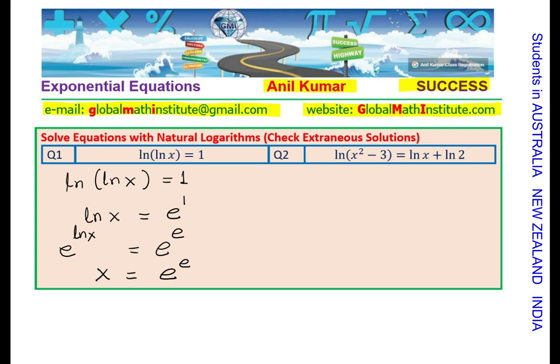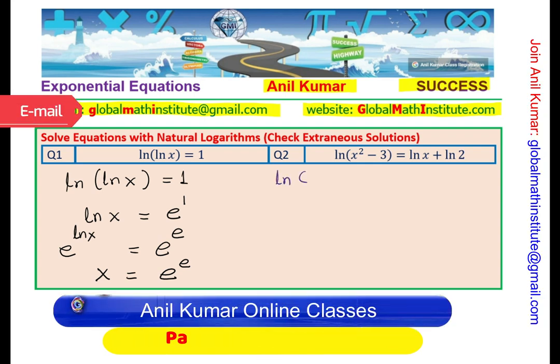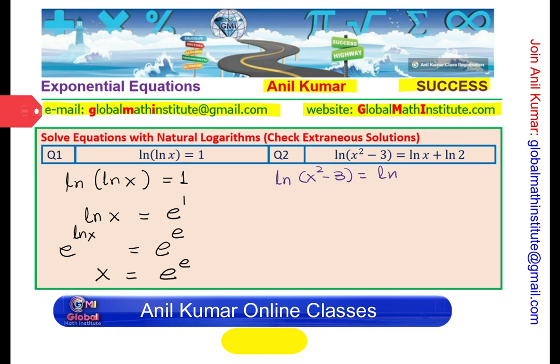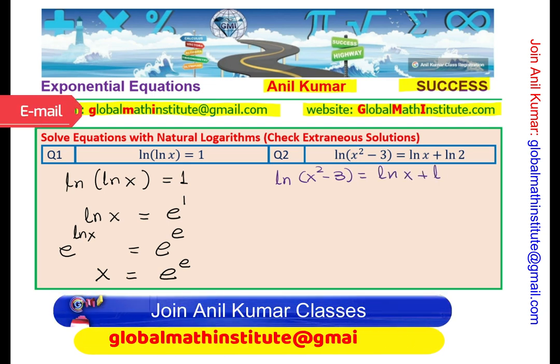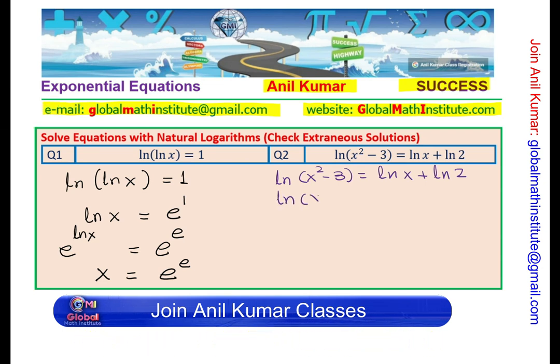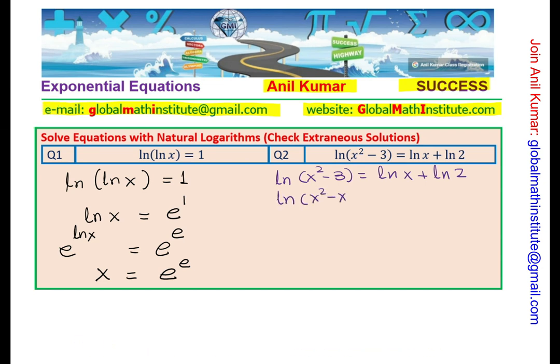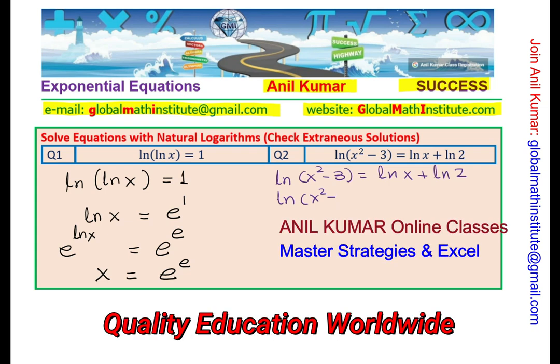The second question here is ln of x square minus 3 equals to ln x plus ln 2. So the right hand side, we can combine the two, right? So we have on the left ln of x square minus 3, and on the right, we can write this as ln of the product of x and 2, which is 2x.